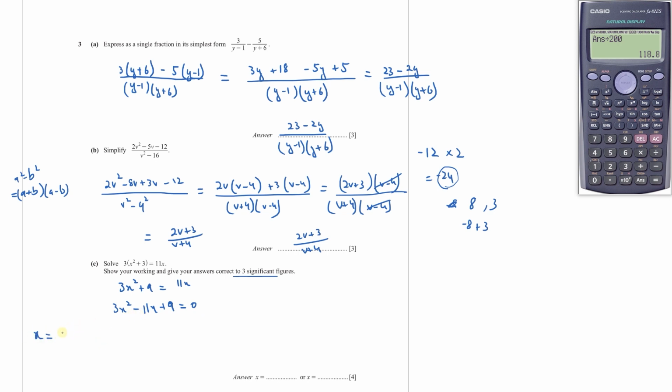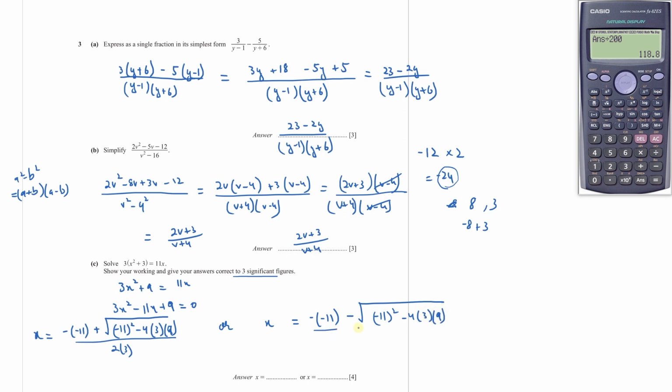So x equals minus b plus square root of b square minus 4ac, so this will be minus 11 square minus 4 into a c, 3 times 9, and then divide by 2a, 2 times 3, or x can be equal to again minus 11 and then minus square root, this time 11 square minus 4 into 3 into 9 over 2 times 3.